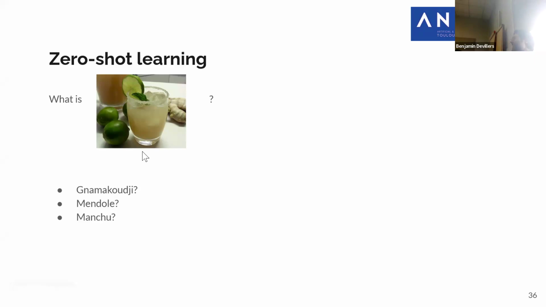But if you don't, great. I have this picture here and my labels. Our goal is to do zero-shot classification on this. We have this image and three categories, and we have to classify the image. Well, it's hard. If you don't know these words, it's impossible.